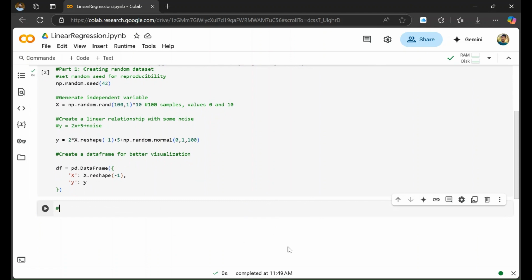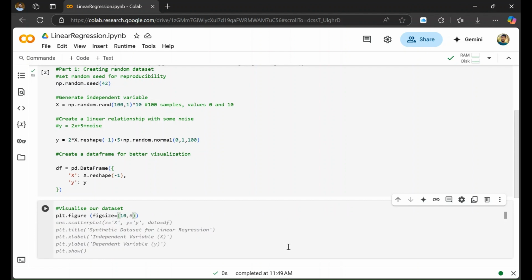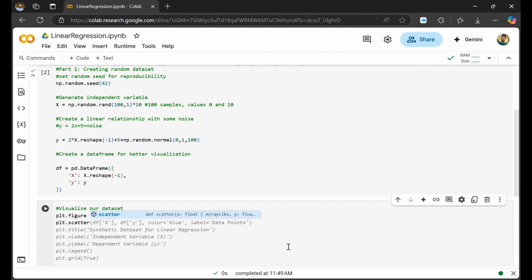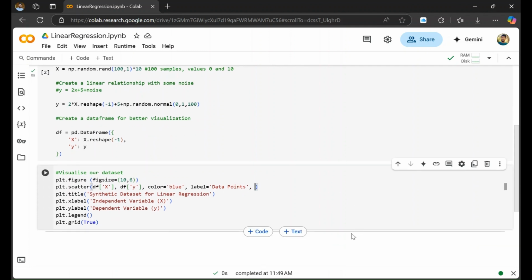Let's visualize the data set. Here Gemini AI is giving the code.